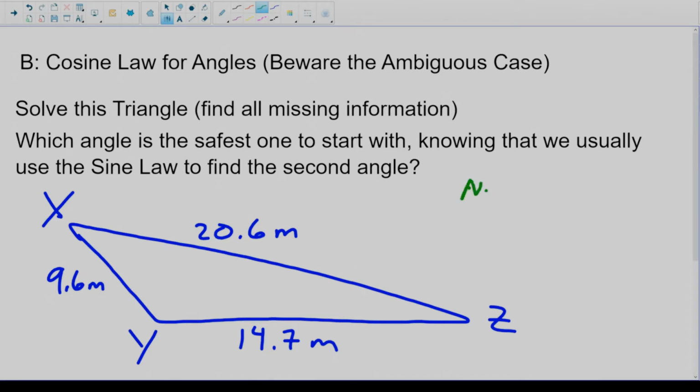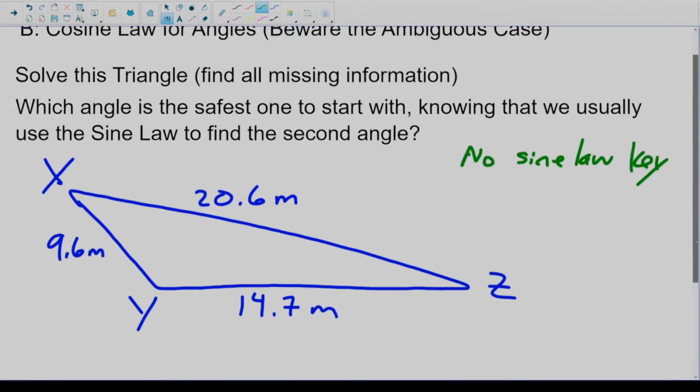Well, there is no angle given, therefore there is no sine law key. There's no sine law key if there's no angle given. You need an angle and an opposite side given to use the sine law. So you can't use the sine law for this one to start at all. It's not a right angle triangle, so I have to use the cosine law. But I'm going to be using the cosine law to find an angle.